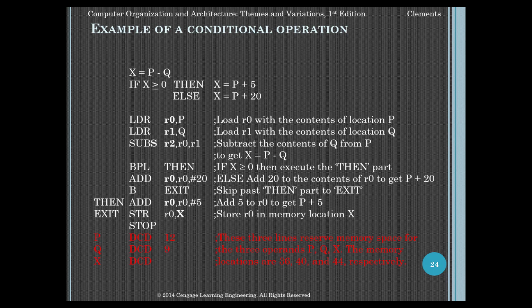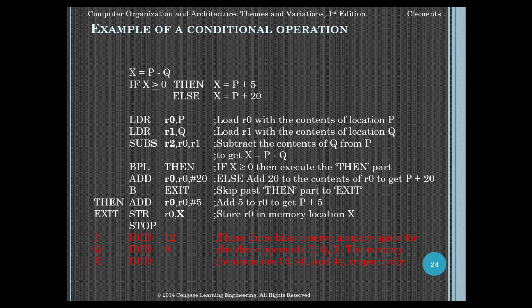But we can walk through this instruction of our pseudo-coded problem. So loading into R0 the contents of location P, which wherever P is at, we know that's 12. Then loading into R1 the contents of location Q, which we can see has a value of 9. And then subtract with the S, so we're modifying the flag, R0 and R1 into R2, so subtracting the contents of Q from P. Then we test.